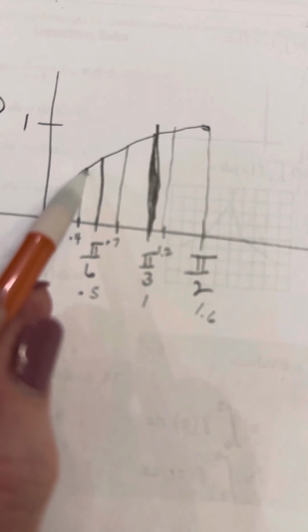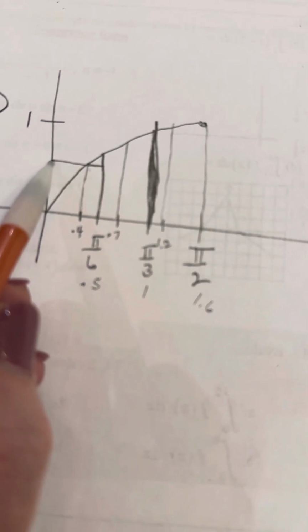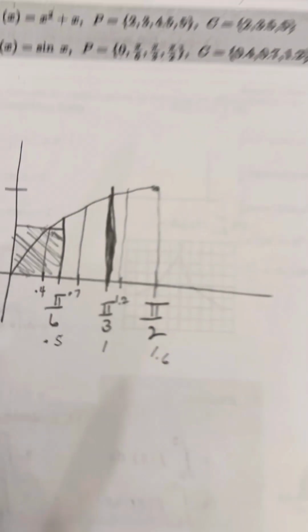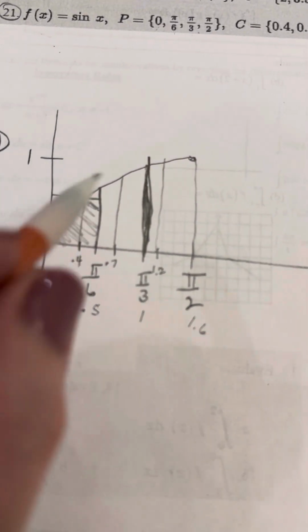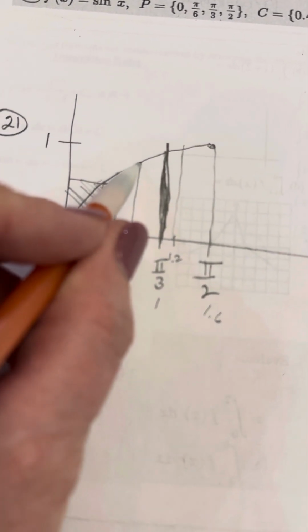it from pi over 6, pi over 3, and that's dividing it into 3 sections, but the heights are dependent on these numbers, okay, which means I'll come over here and I'll make a height here and take it over, and that rectangle will be that, okay, then I'll do the same here, take it over.